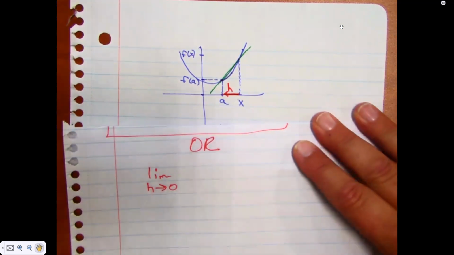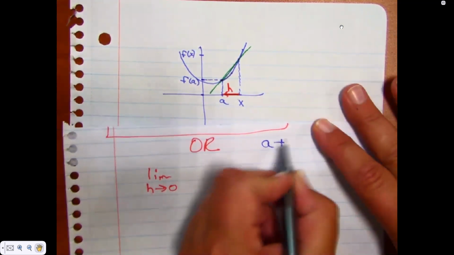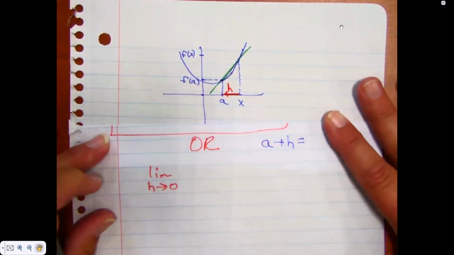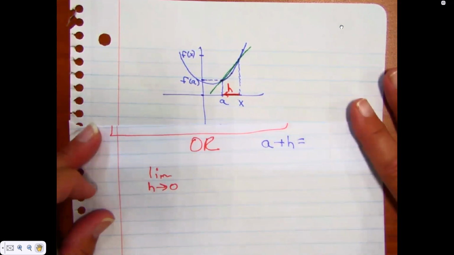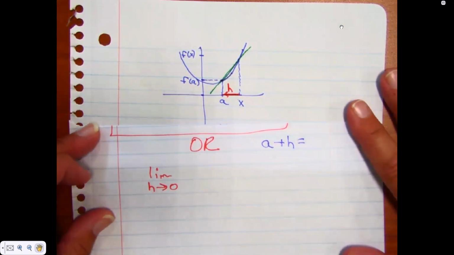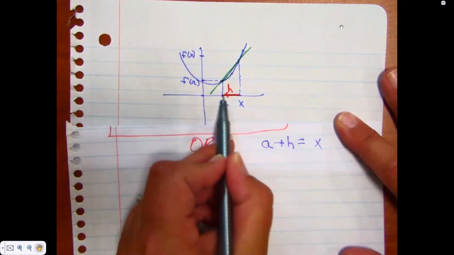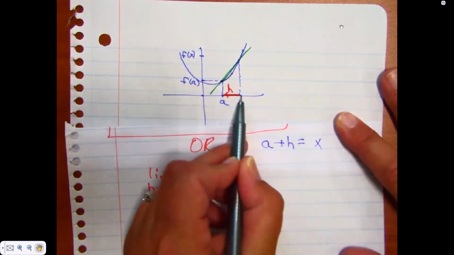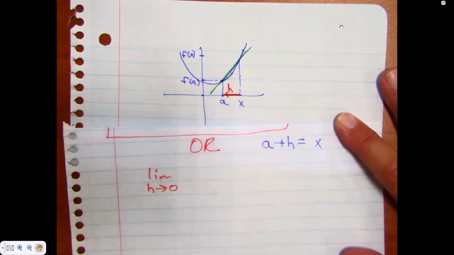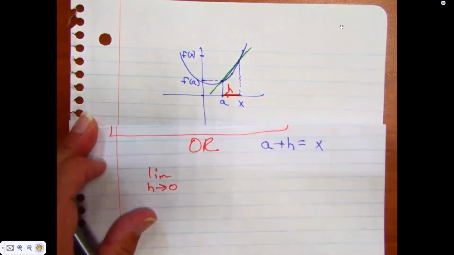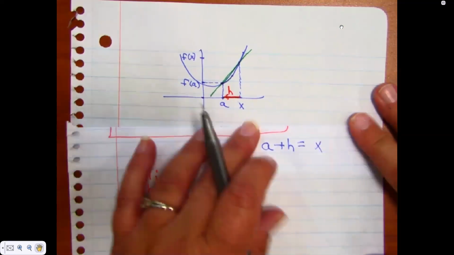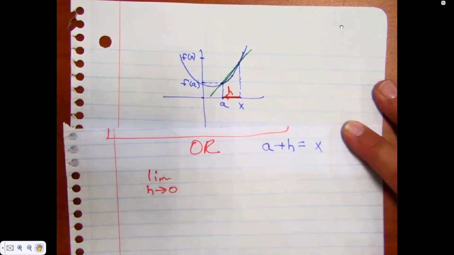So what would a plus h equal? A plus h would equal x, right? Does that make sense? If this was 3 and then this was 2, that would also mean that I went over 5. And you're not going to have to reproduce this. So once we get it, you're just going to have to remember. So don't panic completely, but I just kind of want you to always see where stuff comes from.